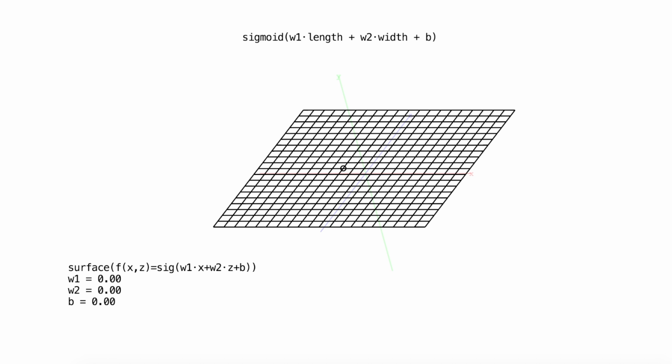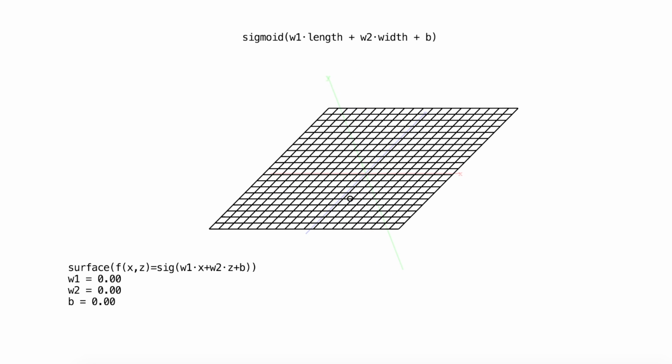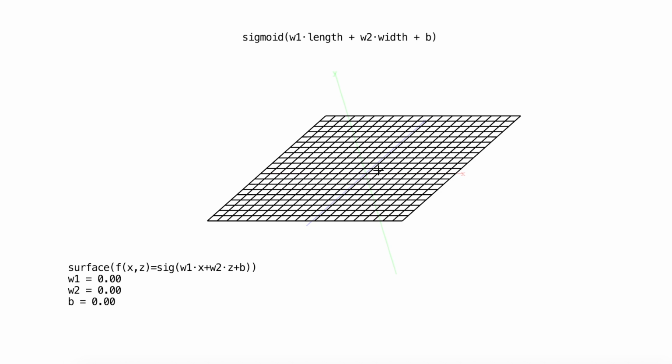If we look straight down, this is x equals 1, z equals 1. So I feed 1, 1 into the network and get out a specific value, and that becomes the y coordinate of the point. Now I can play around with the parameters w1, w2, and b.